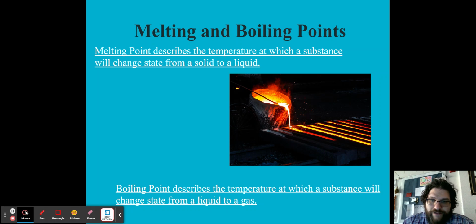The boiling point of an object is the temperature at which the substance will change from a liquid to a gas. You've seen water boil, I'm sure. It doesn't all boil at once. It takes time, and depending on how much water you have, it can take a long time before it boils away completely.